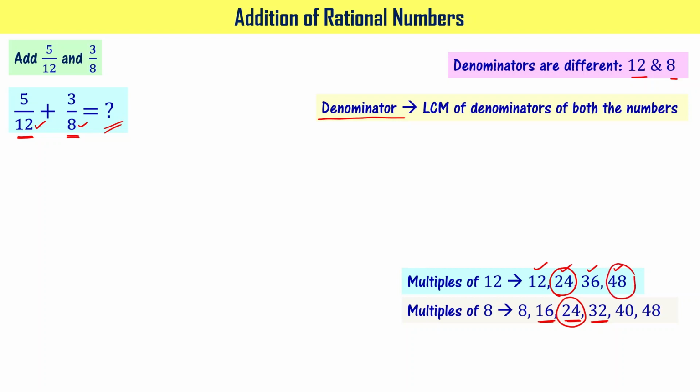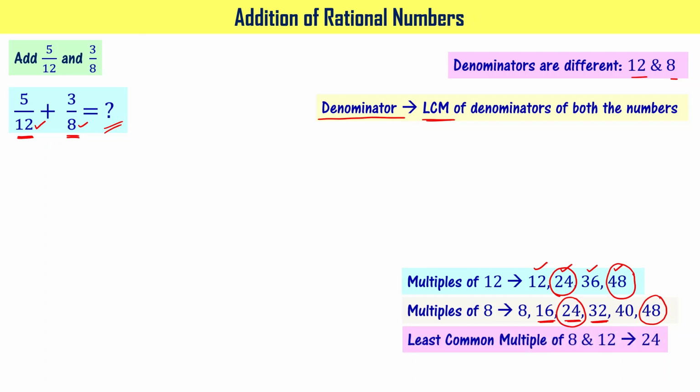And 48 is another common multiple, right? Similarly, you can get few more, right? But the question is, what is the least common multiple? So the least common multiple of these two is 24 because that is the first common multiple, right? Or the smallest common multiple. That's why we say that least common multiple of 8 and 12 is 24, right?